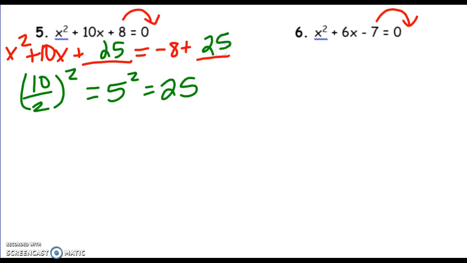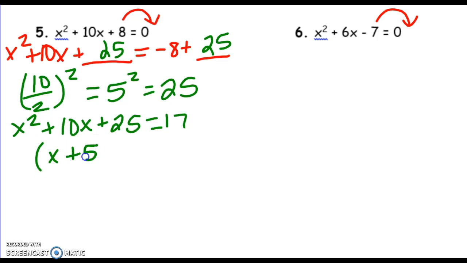Now I have x squared plus 10x plus 25 is equal to 17. And I'm going to have x plus 5 squared equals 17.